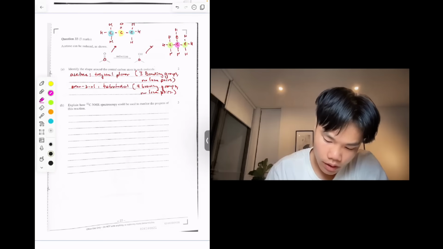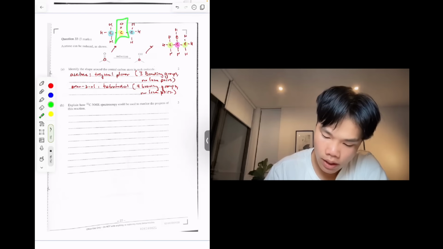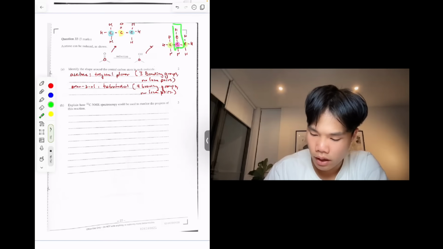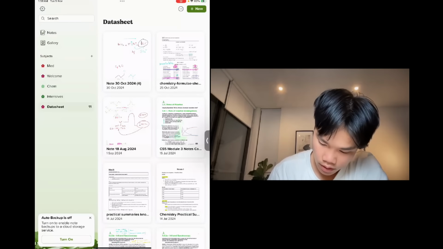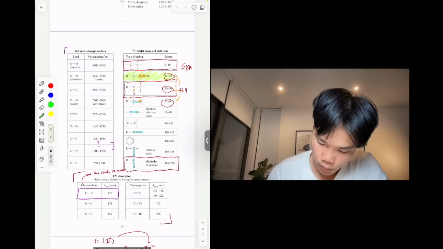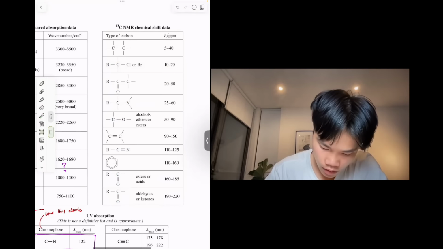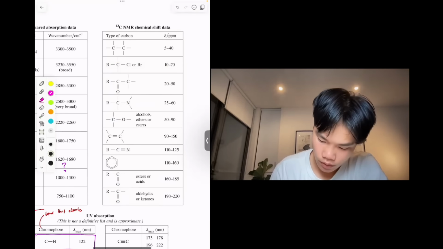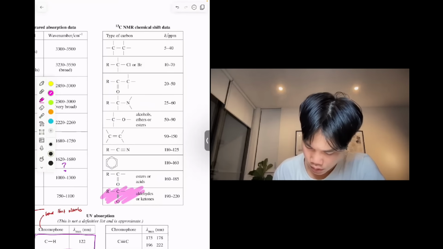However, they will have very different chemical shifts. The carbonyl, as opposed to the hydroxyl, has a different chemical shift. Just to flick across to a data sheet, these would look like these. In your carbonyl, you would see an aldehyde or ketone.